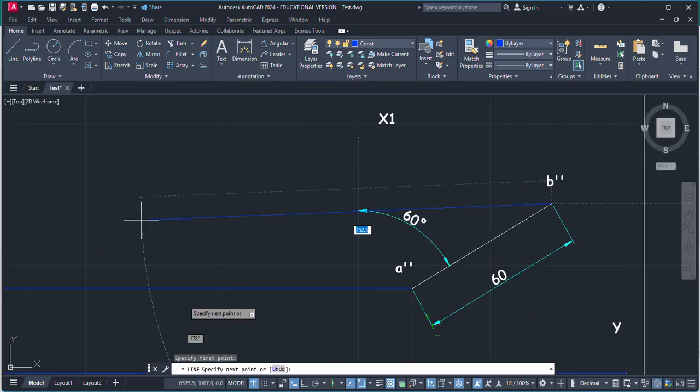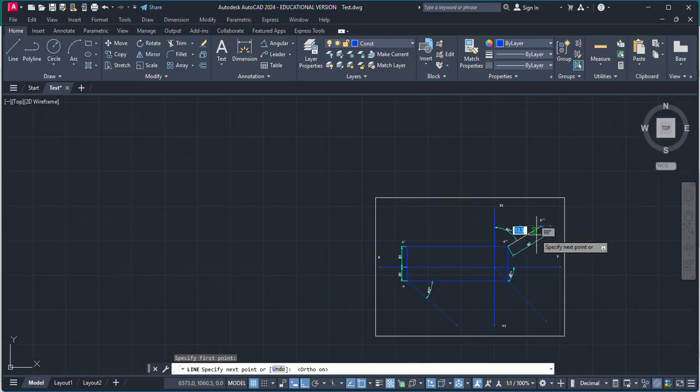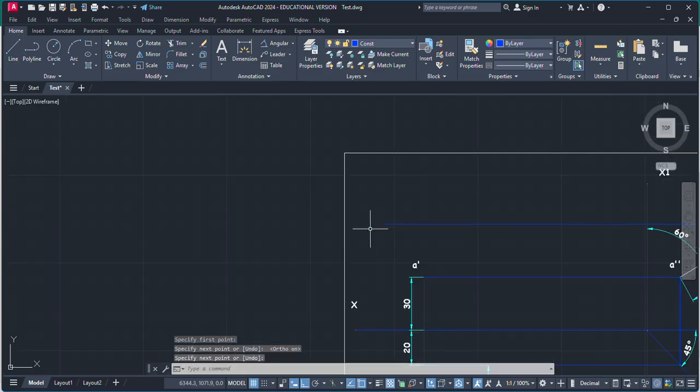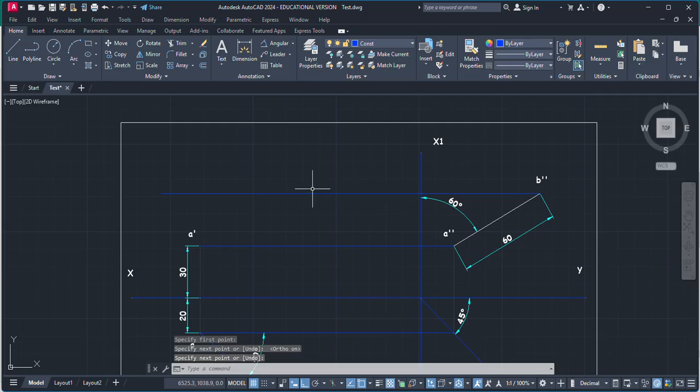So for front view, we will only draw a horizontal line which will be again the locus for the front view. Means in front view we have two lines. We are supposed to have two lines to complete this projection.